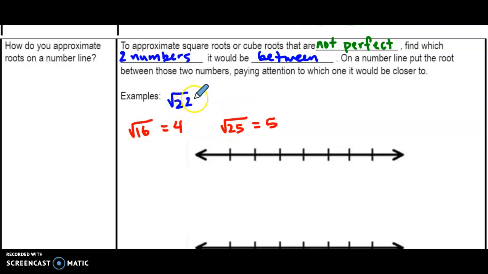So the square root of 22 is going to be between 4 and 5. Because 22 is closer to 25, it's going to be closer to 5. So if I have 4 here, and 5 here, the square root of 22 would go in between 4 and 5, but a little bit closer to 5 because 22 is closer to 25.